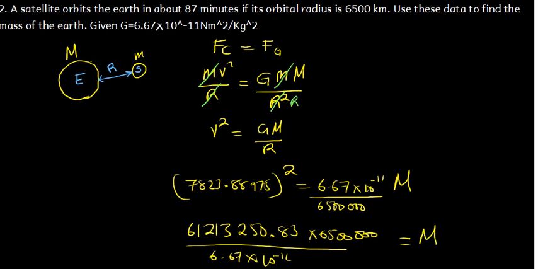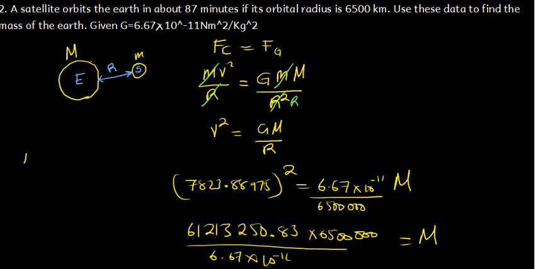So we multiply by 6500000 and divide that by 6.67 times 10 to the power negative 11, and that is going to give us a value of M.